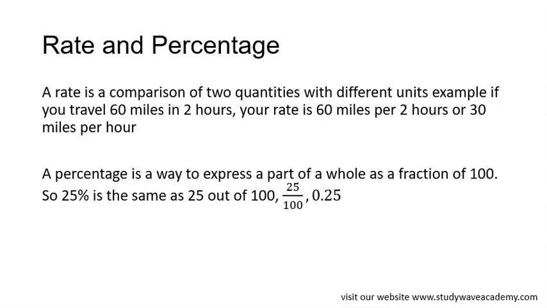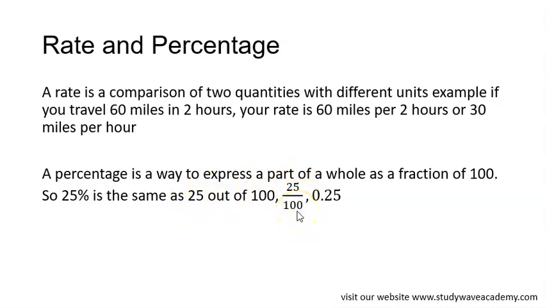Now, percentage. A percentage is a way to express a part of a whole as a fraction of 100. Okay? So this is what we use in representing percentage. So 25% is the same as 25 out of 100, which can be written as 25 over 100.